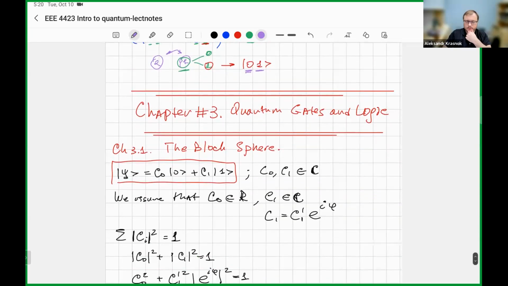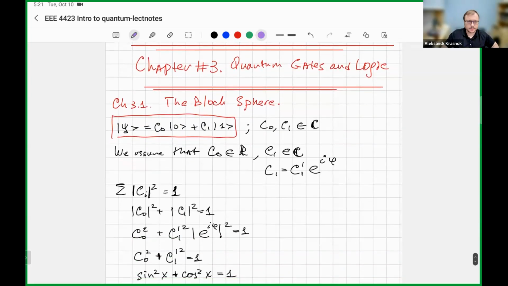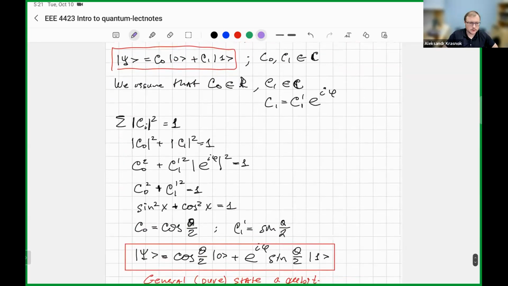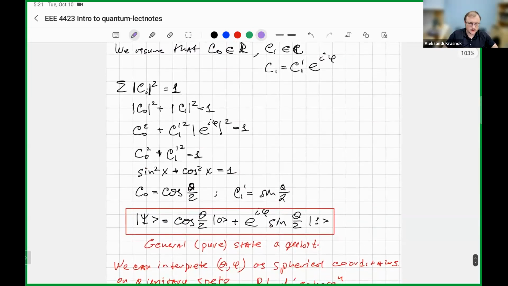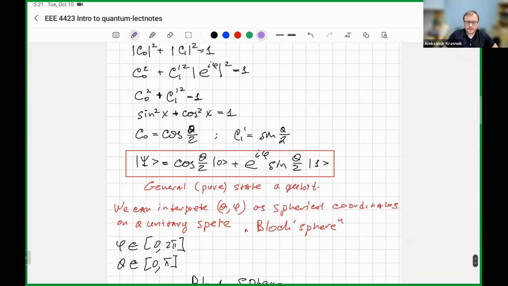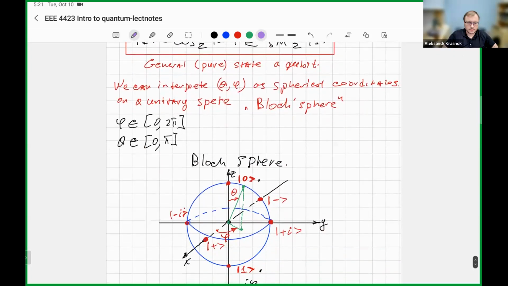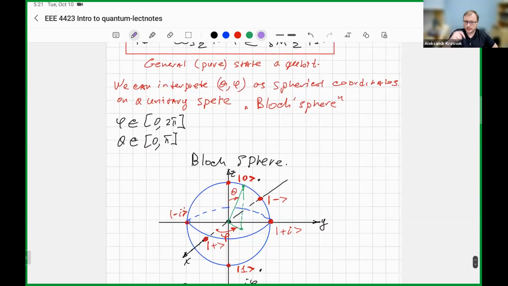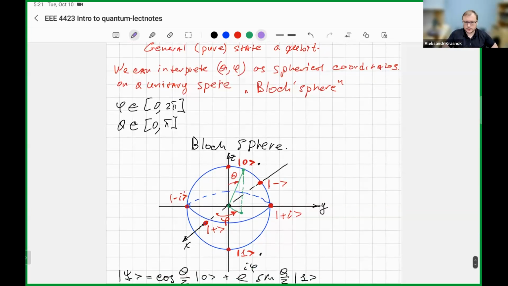And we have started the new chapter about quantum gates and logic. And the first subchapter was about the Bloch sphere. Okay, so the Bloch sphere, basically introducing the angles theta and phi, which is, by the way, the sphere of radius 1, allows us to represent any state of a single qubit by a point on the surface of this Bloch sphere.